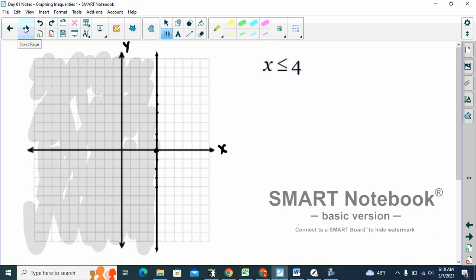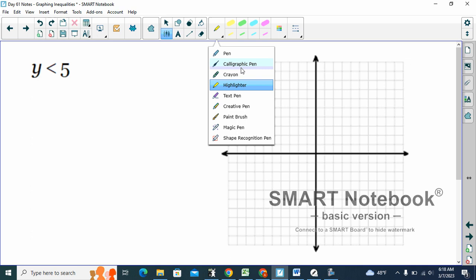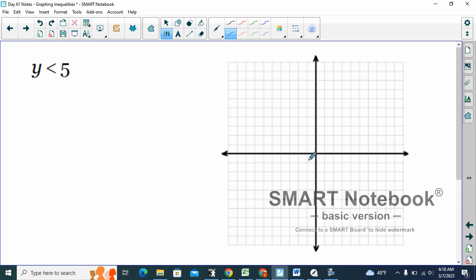And our last example says y is less than 5. If it's y that's by itself, y is less than 5. 1, 2, 3, 4, 5. There's my y is 5. I don't have any x, so I don't have a slope I can count. My slope is 0. If my slope is 0, we have a horizontal line.